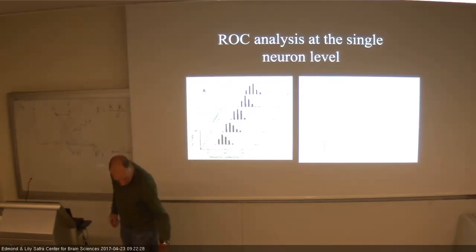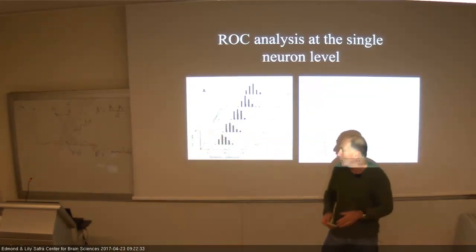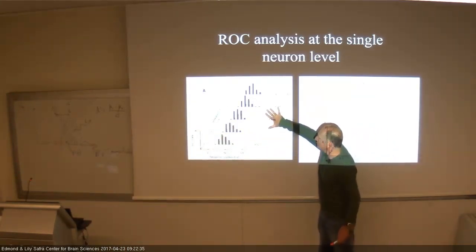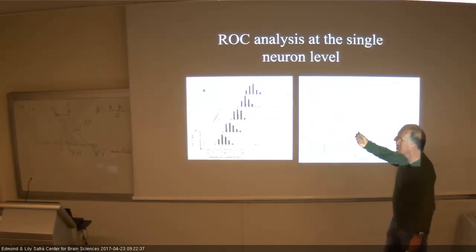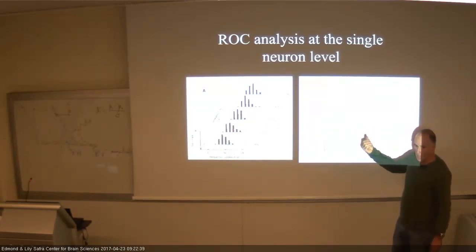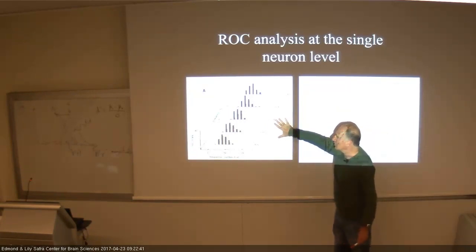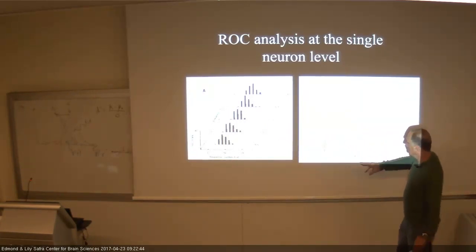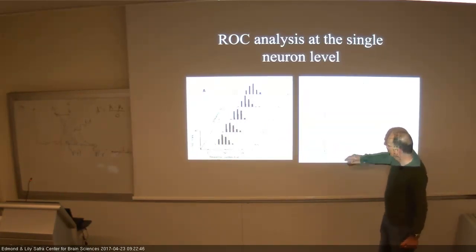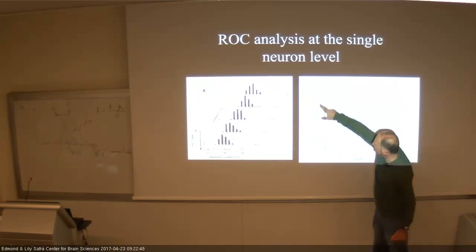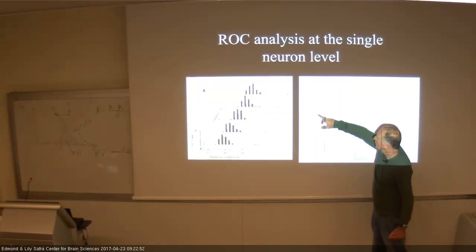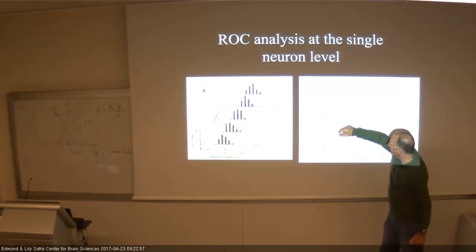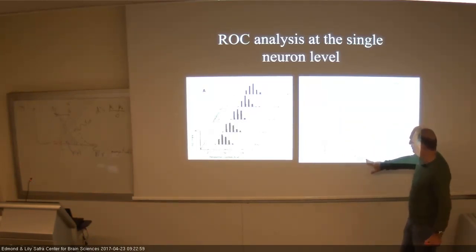Let's look at it here. What are we plotting? We want to take this and extract from it the sensitivity of the neuron, remembering what our task was. How are we going to do this? Here the y-axis is the probability that the preferred is greater than the criteria, and here the x-axis is the probability that the null is greater than the criteria.